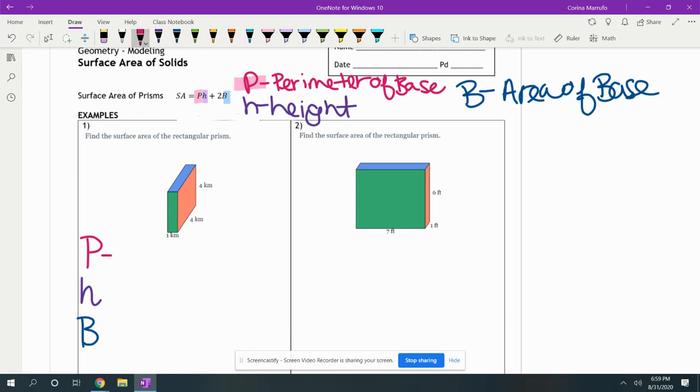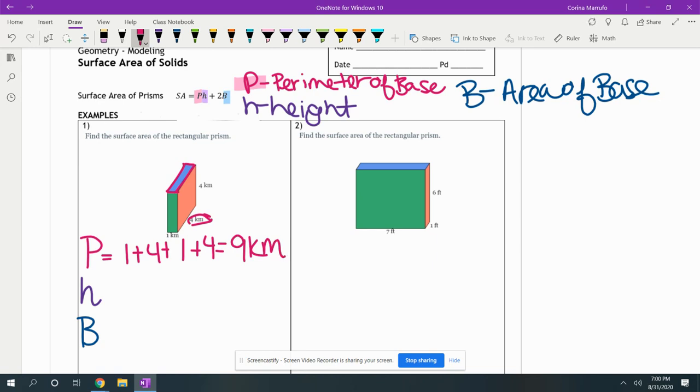So finding the perimeter of the base: this is 1, plus from here to here is 4, based off information. And then we come around this corner, that would be 1 again, plus, come this way, and that'll be 4. So 1 plus 4 plus 1 plus 4 gives us 9 kilometers.